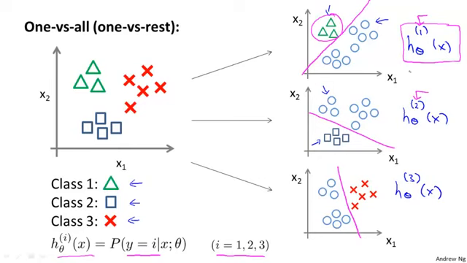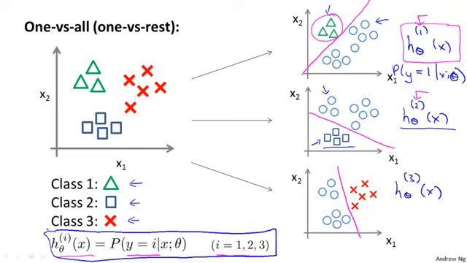So h superscript 1 is essentially trying to estimate what is the probability that y is equal to 1 given x and parameterized by theta. And similarly, this is treating the square class as a positive class, and so it's trying to estimate the probability that y is equal to 2 and so on. So we now have 3 classifiers, each of which was trained to recognize one of the 3 classes.